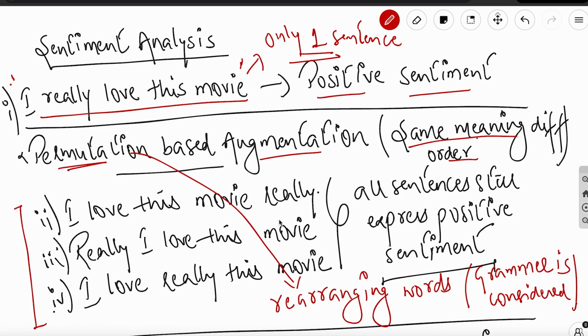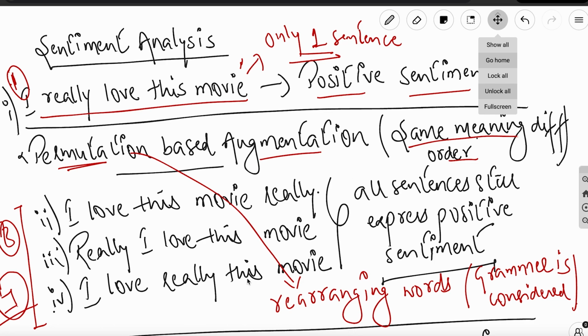So now my model, initially it had only one sentence, now it has three more sentences. So overall my model is having four sentences to get trained or for prediction. So now the prediction of my model is more optimized. Now what is the result of this?